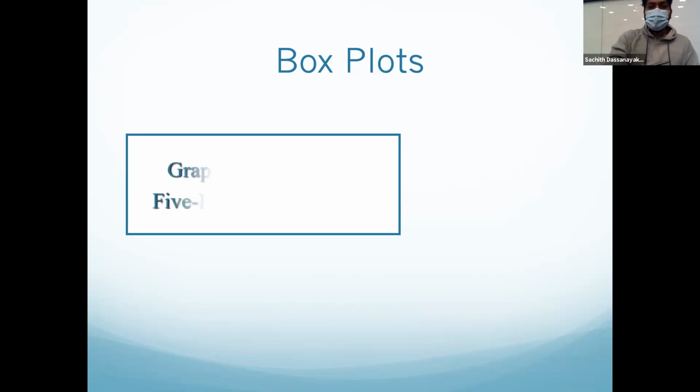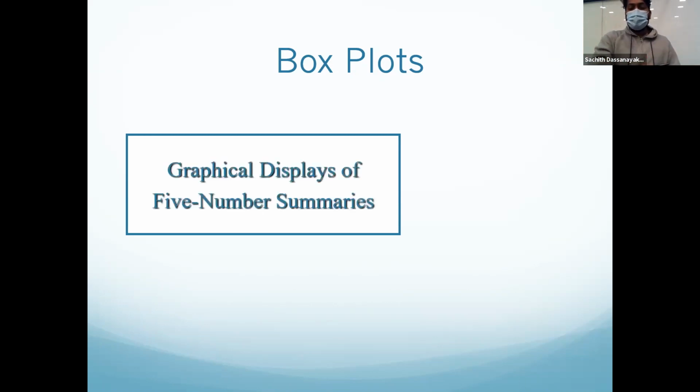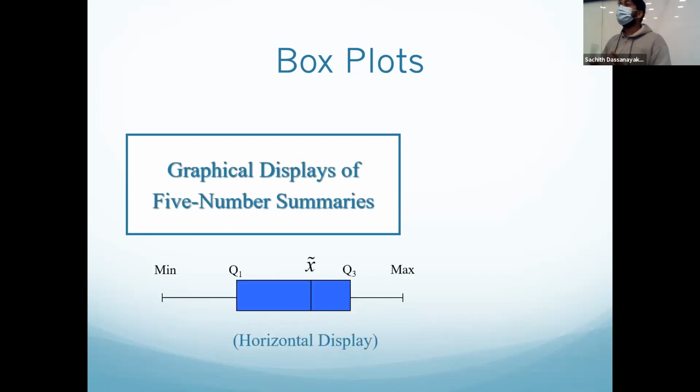You will see that it's a graphical representation of the 5-number summary. It is something like this. The left end is the minimum, then Q1, Q2 or your median, then Q3, and finally the maximum.